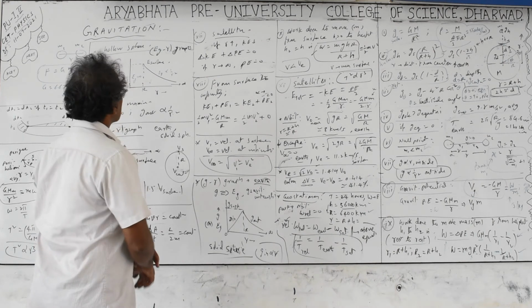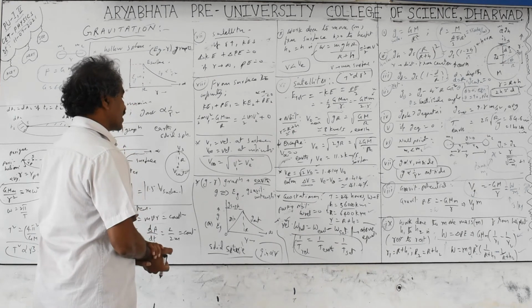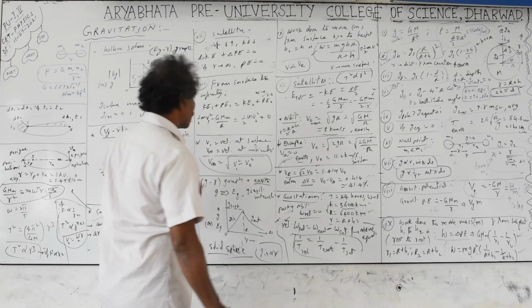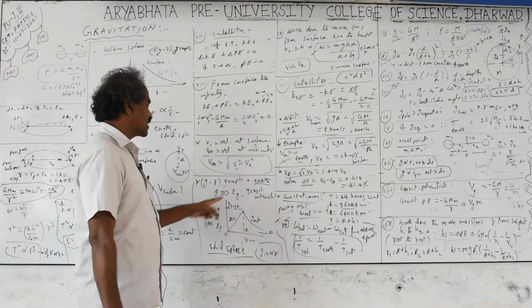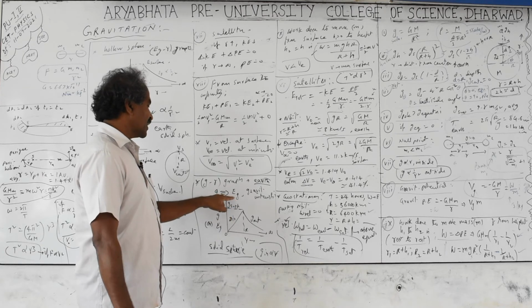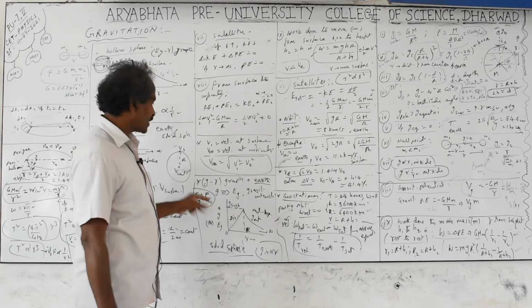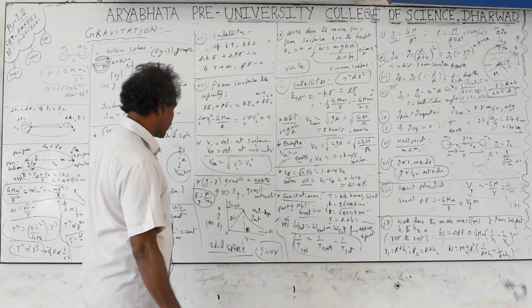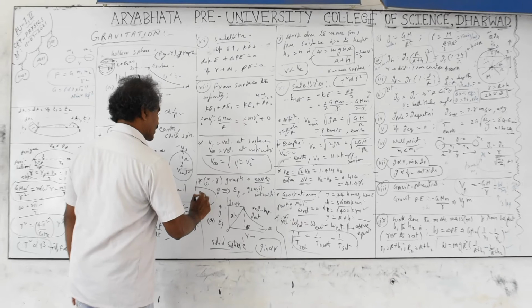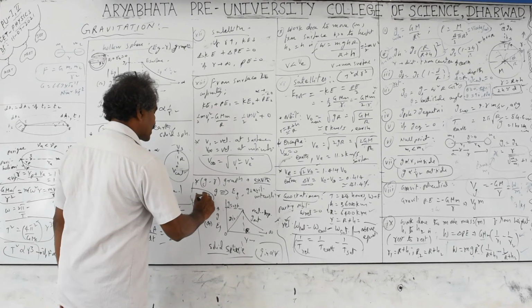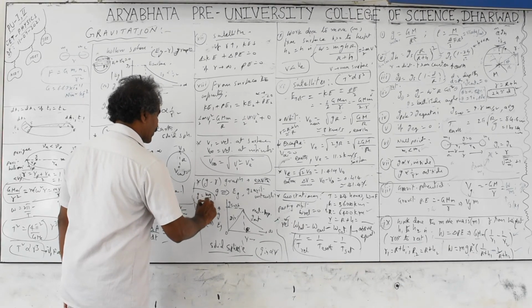Graphs are also important for this topic. If you take the solid spheres or earth, one more term they use in this gravitational topic is gravitational intensity, like electric field intensity, Eg may they mention. And this acceleration due to gravity, g, is nothing but the ratio of the weight and mass, mg by m.